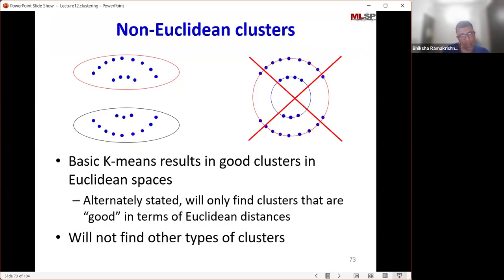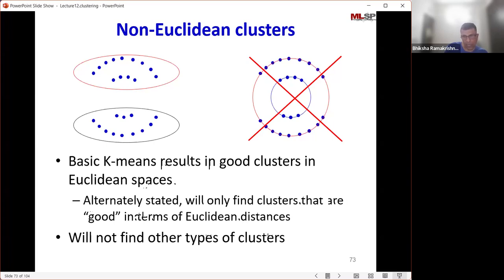Anyway, with this kind of clustering, if you just use L2 divergence, you're always going to be able to find clusters of the kind shown to the left. But you cannot find clusters of the kind shown to the right. This will not happen, right? So how can I go ahead and find clusters of this kind?